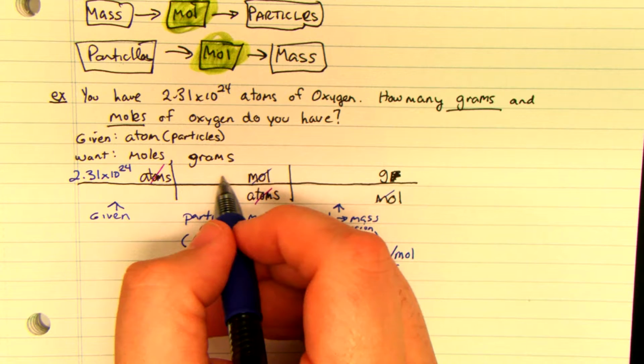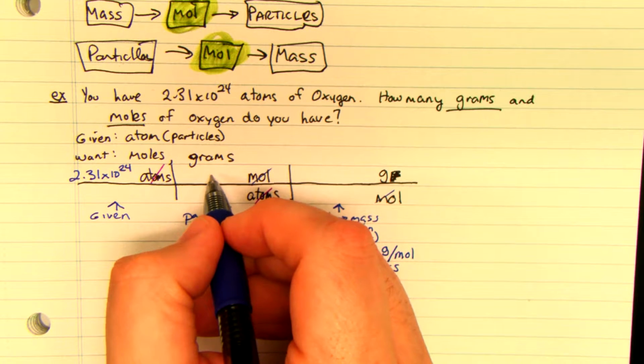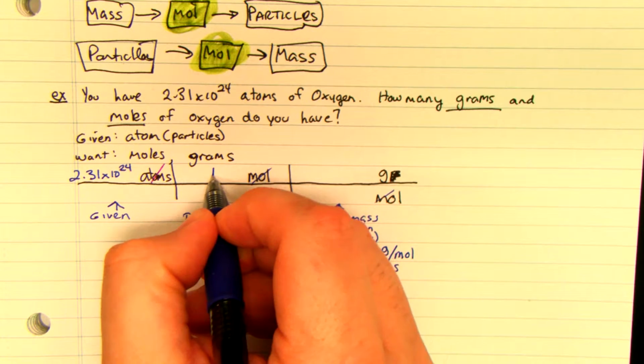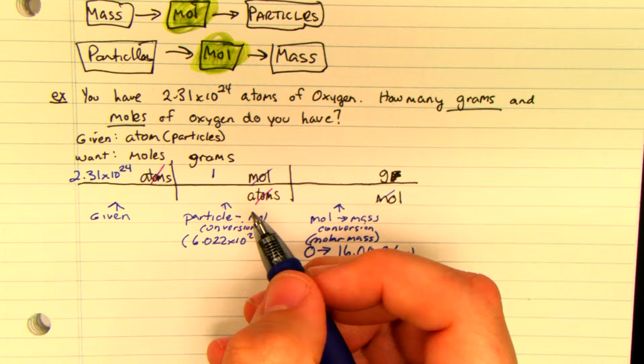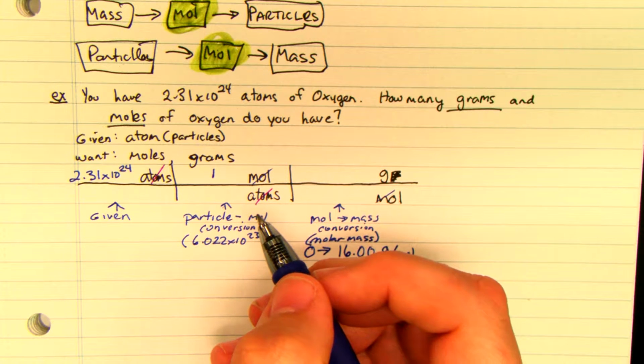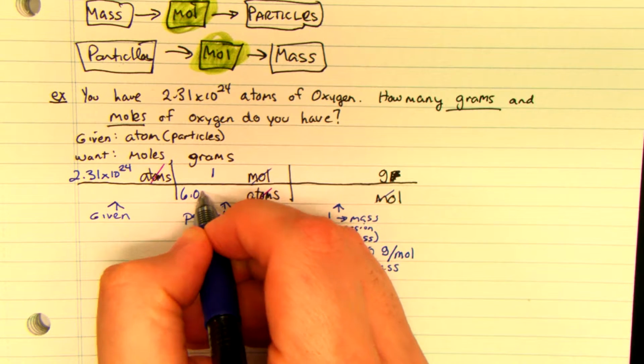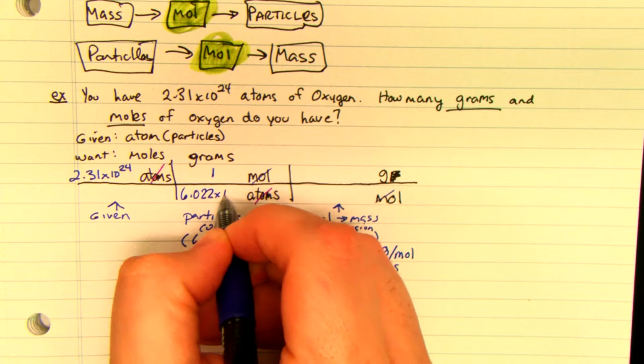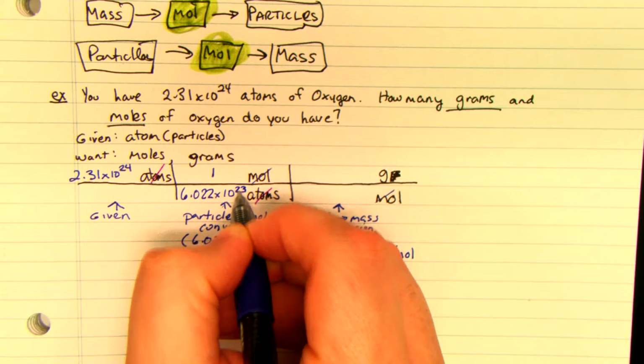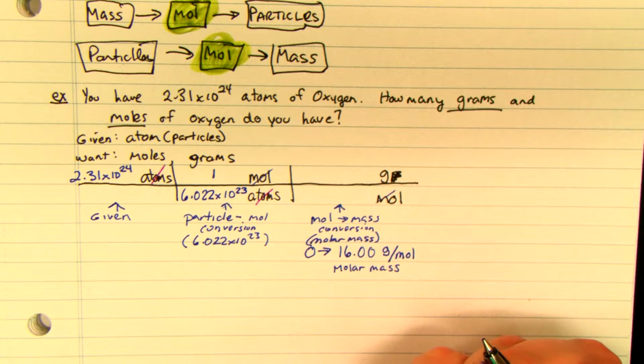How many moles are there in all conversion factors? There's 1. How many atoms are in the conversion factor? 6.022 times 10 to the 23rd atoms. And then we'll end up dividing that.